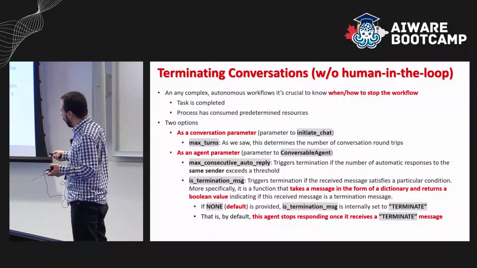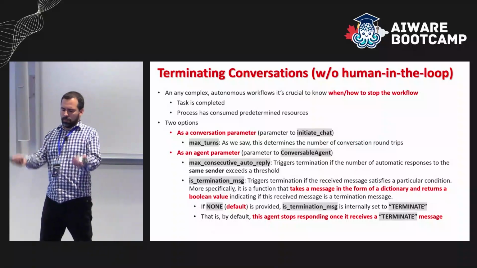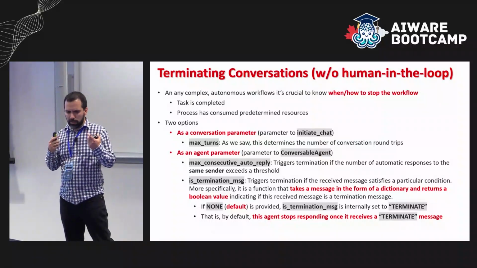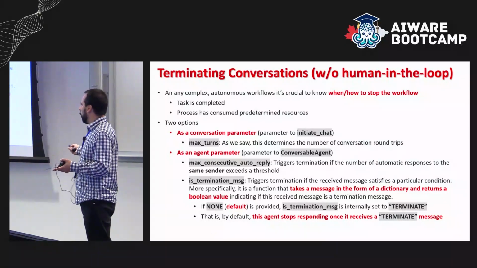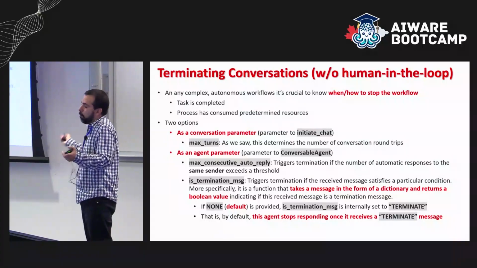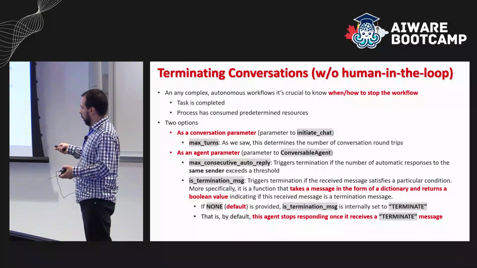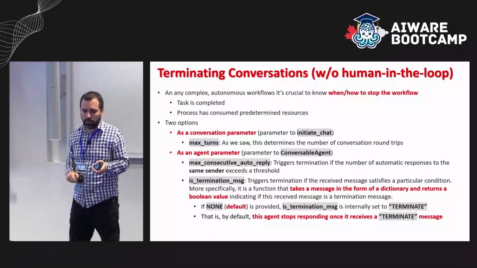Or you could establish a termination message. Basically, the agent receives a message, and then you can define this function. Typical things are like if my message is only "terminate," then I terminate, or my message contains the word "terminate," or it could be anything, right? You just define a function to determine how the conversation is going to stop.